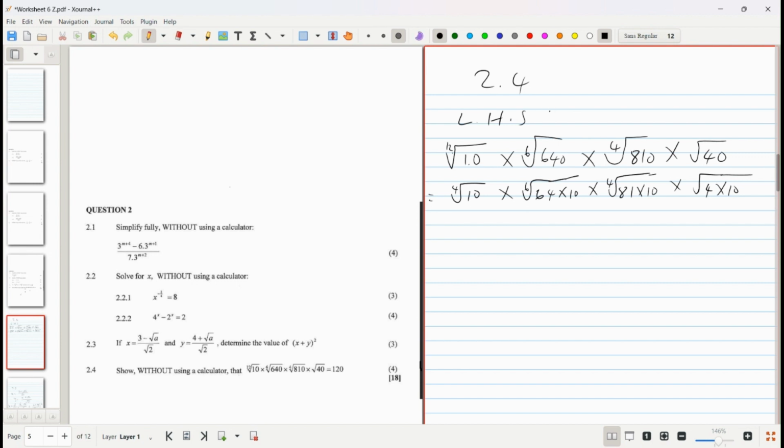So we know here we have the 12th root of 10.